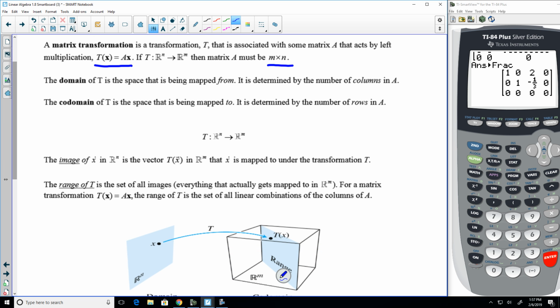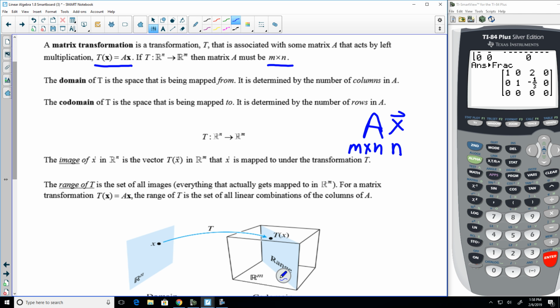The domain of T is the space that's being mapped from. It's determined by the number of columns of A in the matrix transformation. So when you multiply A times x, and A is m by n, and we multiply by a vector x, that x has to have the same number of entries as A has columns.